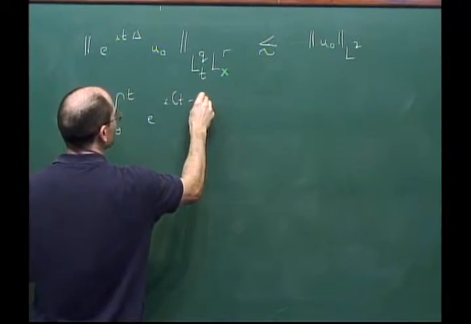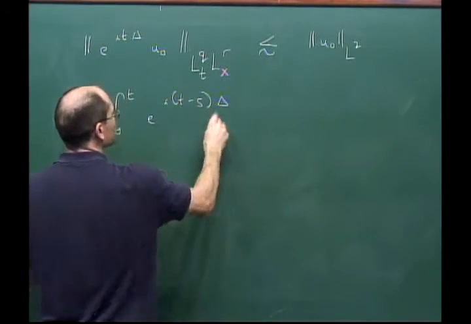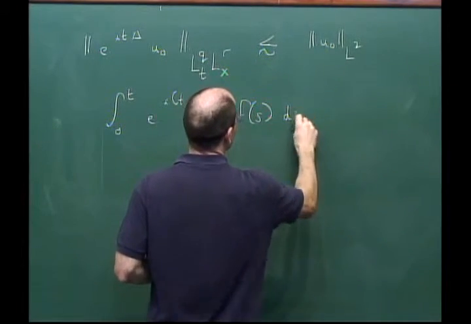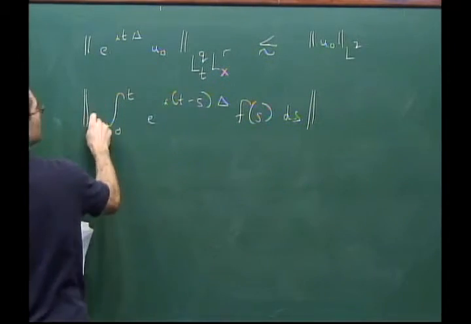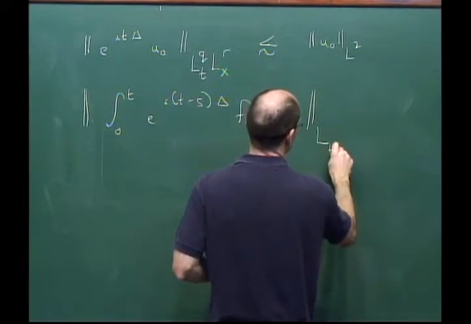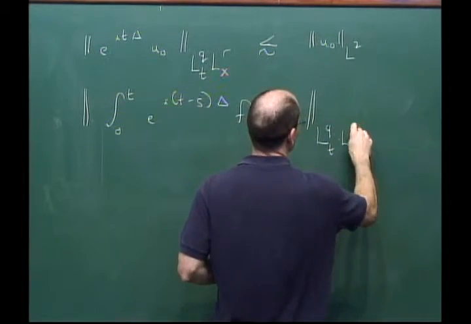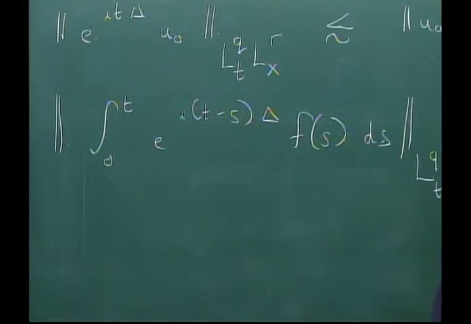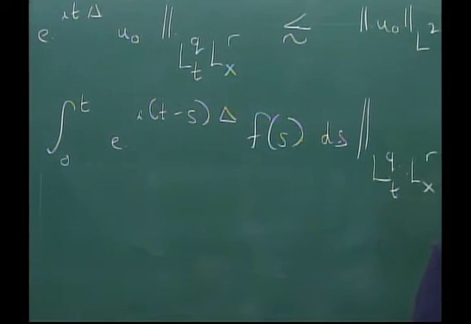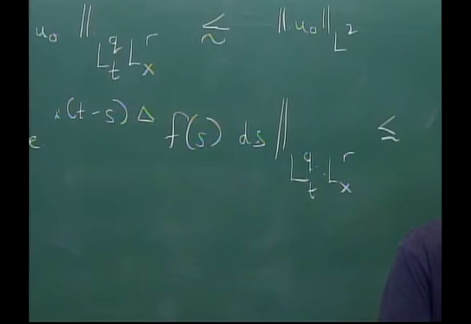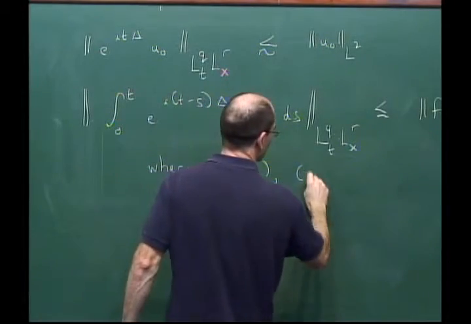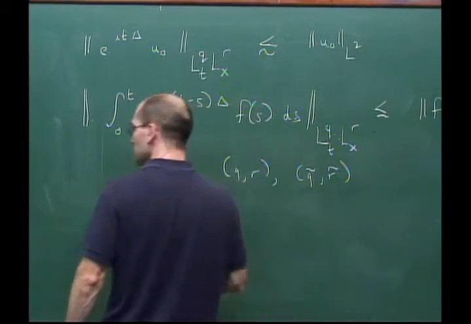This is the Duhamel representation for a solution to the inhomogeneous equation. Q tilde prime, Lx R tilde prime, where QR and Q tilde R tilde are admissible.